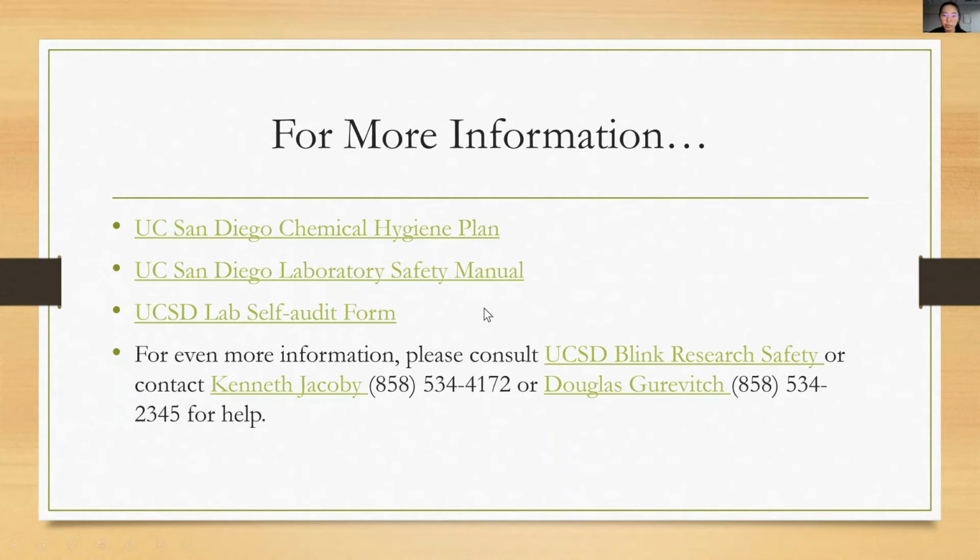When we perform the lab self-audit, the area safety officer, which is me right now, needs to use the lab self-audit form to check if any of the items need to be corrected. I've also linked the chemical hygiene plan and laboratory safety manual here. If you have questions that I've not addressed in these slides, you are welcome to check the UCSD website or contact Kenneth or Douglas.